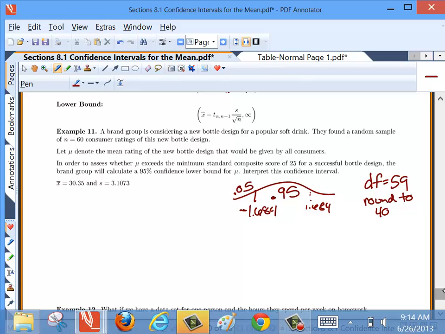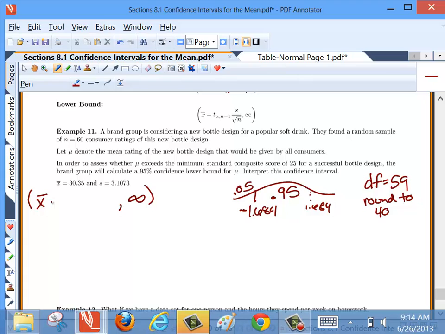Let's see. As far as my formula, I was calculating a lower bound. So my upper bound will just be infinity. So I'm going to need an x bar. Let's see, what do I want, a plus or minus? I'm going to want a minus, or I guess since I did the negative, that's already worked in.